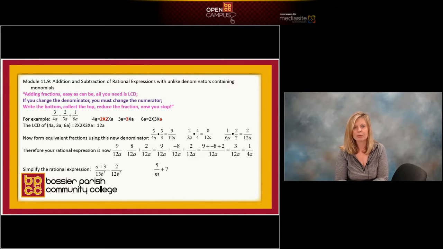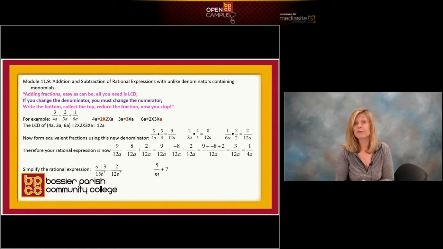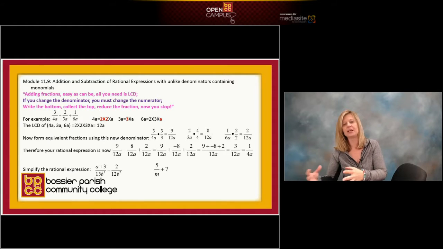Then we look at the variables. 4a has 1a, 3a has 1a, 6a has 1a. They all have the same amount, so we just take 1a. So altogether, our common denominator is going to be 2 times 2 times 3 times a, which is 12a. Now, if you could have figured that out without doing the factor trees, that's great. But a lot of us need that tree to see the prime pieces.